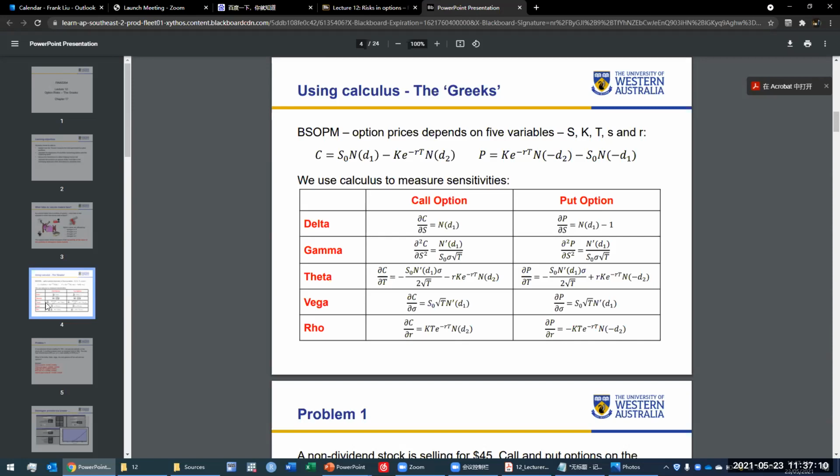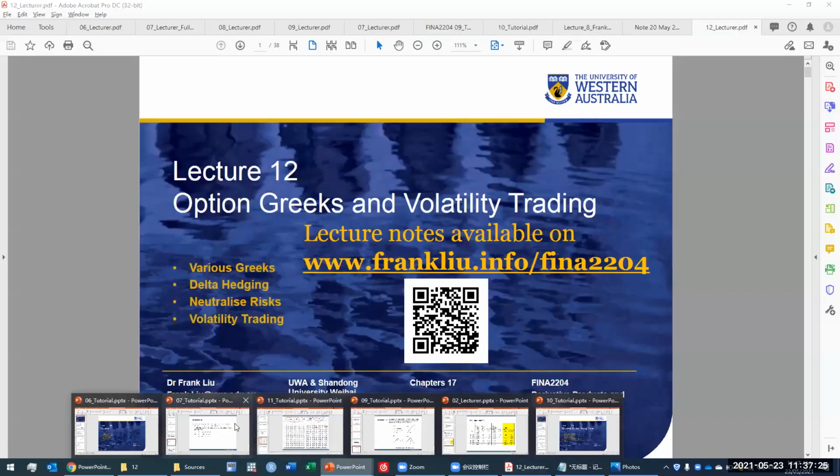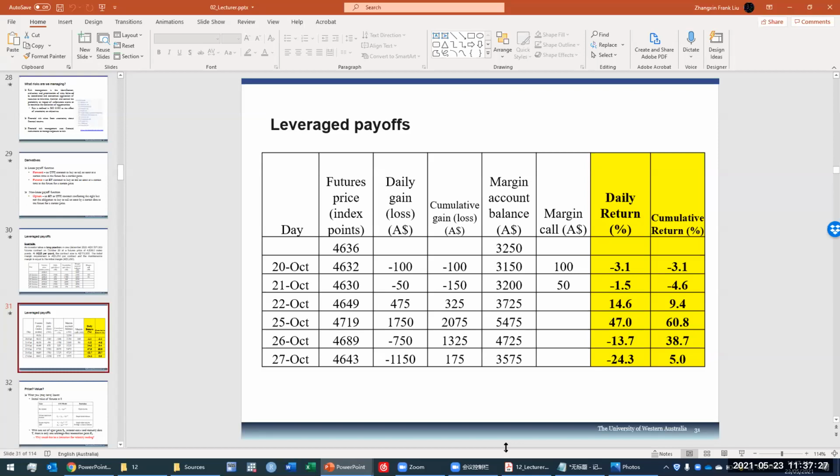So delta means that if the stock price tomorrow goes up by 1%, why do I care about 1% of the return? Because of this, right? Because it's a leveraged product. Even though it looks like 1%, it may turn out to be 47% on your portfolio, which is why we care about delta.